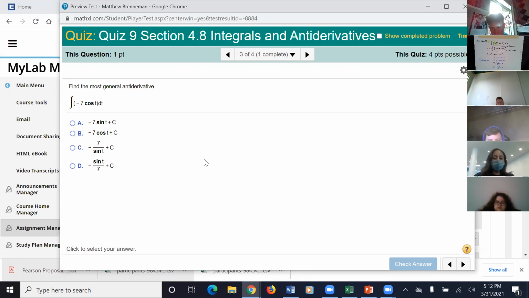Well, first you can eliminate the ones that have cosine in it. That seems like that's probably not going to be the right answer, right? But then I still have 3 choices left. So how could I know for sure? Well, what if I take the derivative?